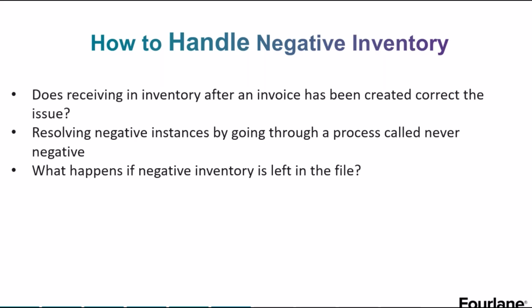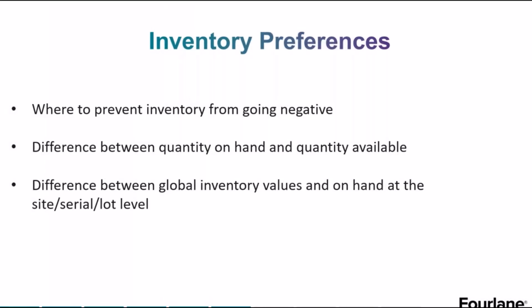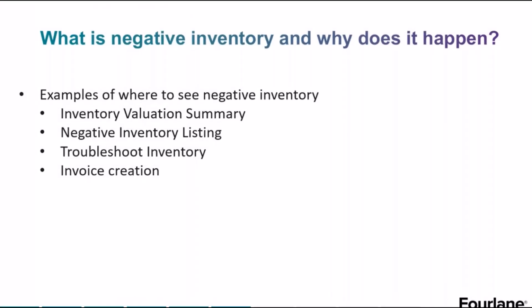So again, just want to recap here. When we're talking about negative inventory, we come back here to the start. So what are some of the reasons inventory goes negative? Most common, that's going to be if we're entering a customer invoice before we've gone through that receiving process.